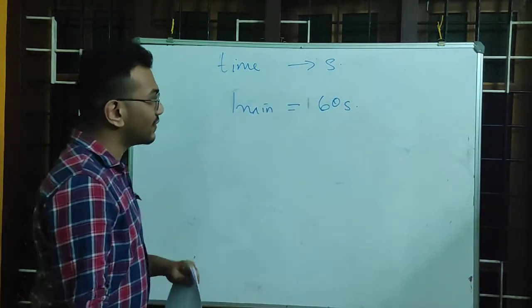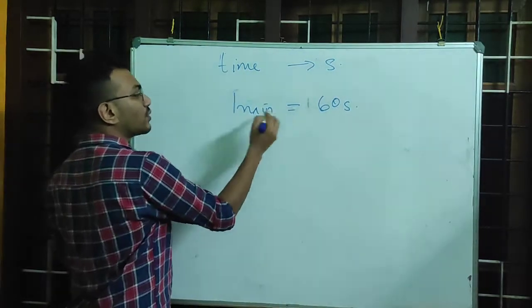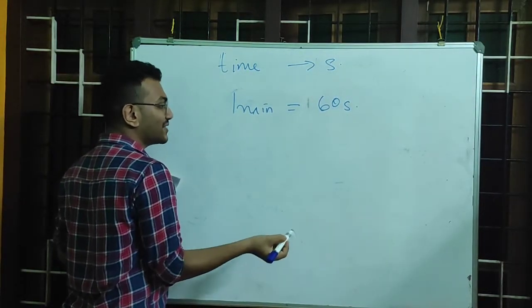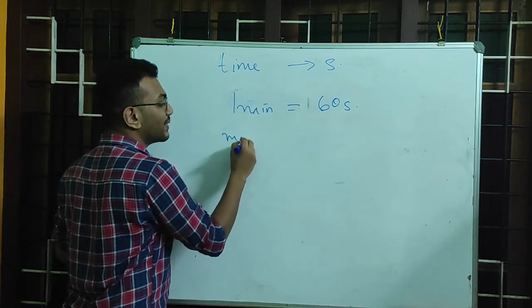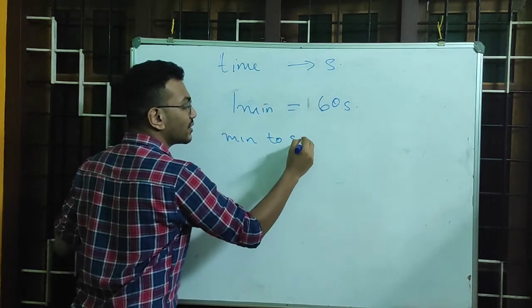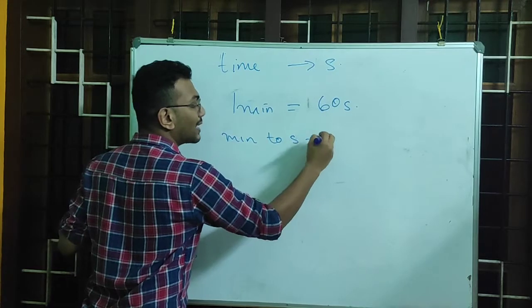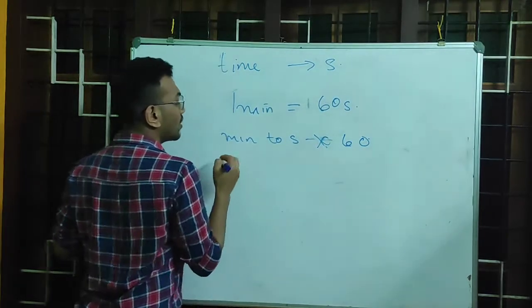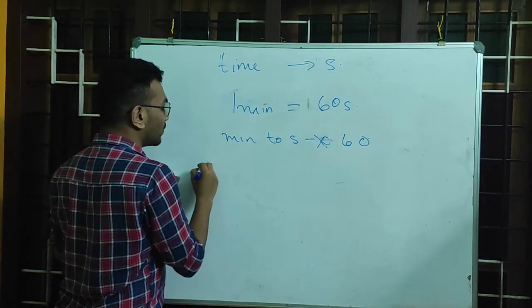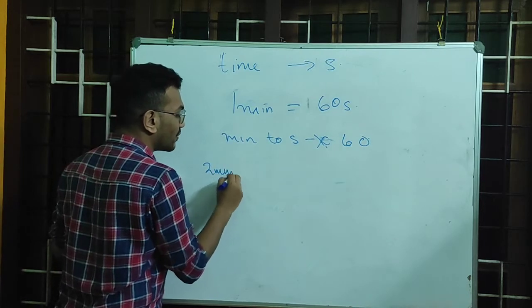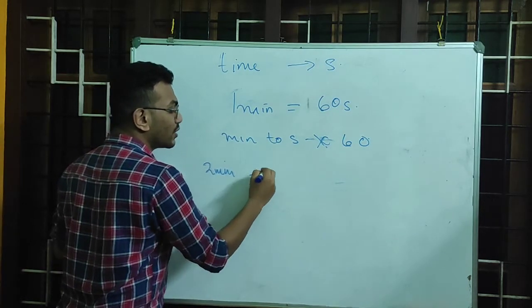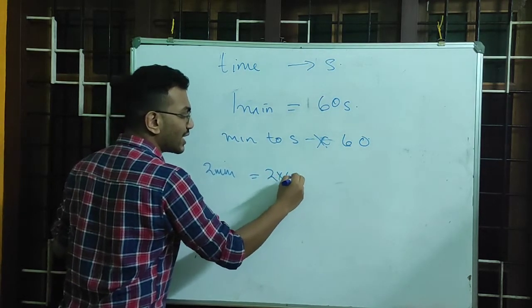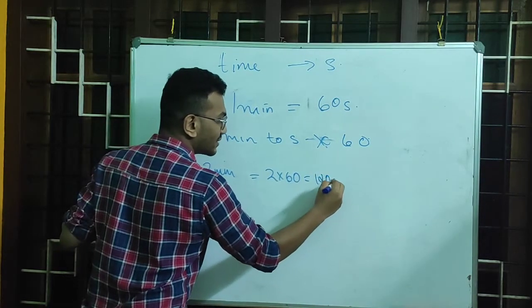So if you want to convert minute to second, you have to multiply by 60, right? For example, take the case of 2 minutes. To convert 2 minutes to second, it is 2 into 60, that is 120 seconds.